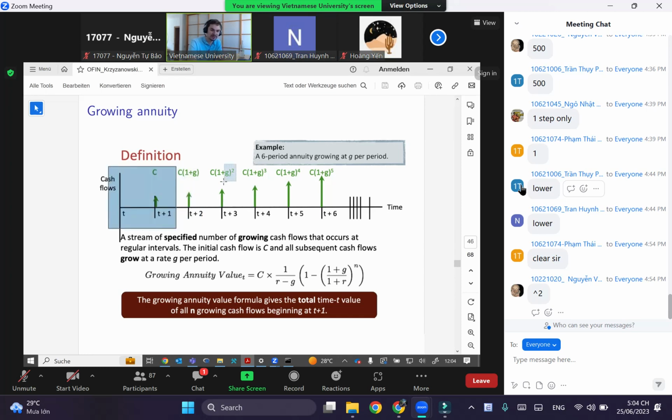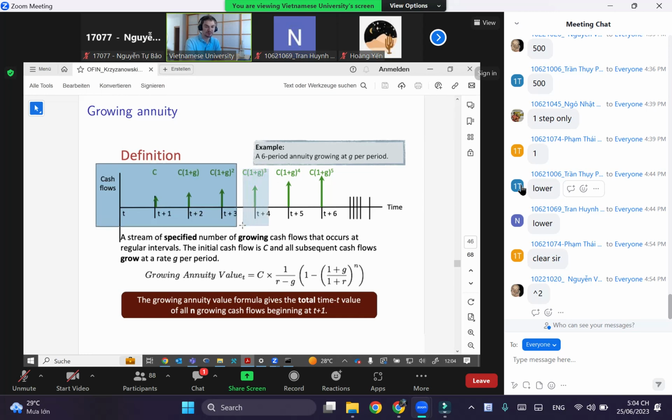What is the time t value of the third payment, which is C times 1 plus G to the power of 2? Well, it would be C times 1 plus G to the power of 2 divided by 1 plus R to the power of 3. And so forth.